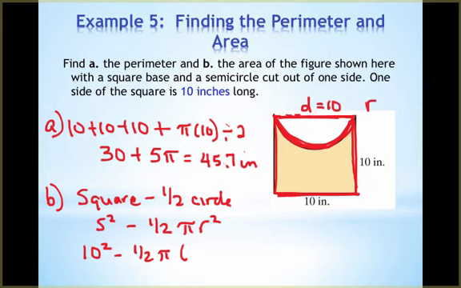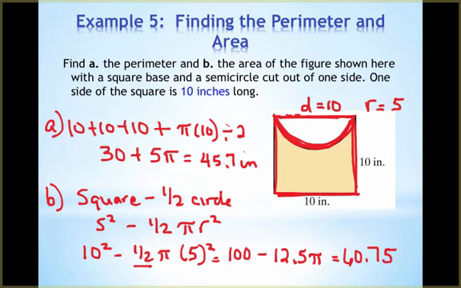But if the diameter is 10, then the radius would be 5. So now if I do 1/2, 5 squared is 25, and then half of 25 would be 12.5 pi. And now I can use my calculator and get that that is 60.75. And then we need to put our units on that. This is area, so it's square inches.